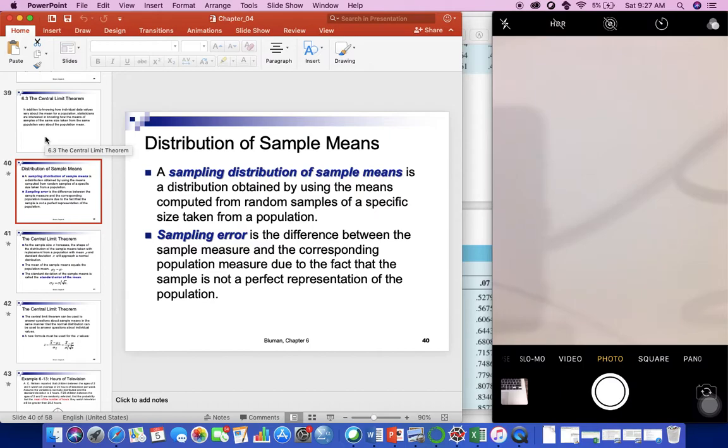A sampling distribution of sample means is a distribution obtained by using the means computed from random samples of a specific size. And what is a sampling error? Sampling error is the difference between the sample measure and the corresponding population measure.